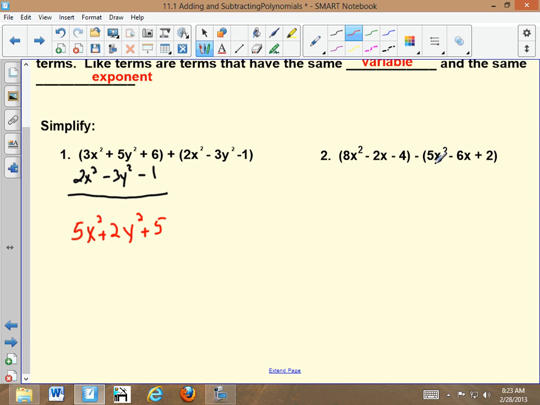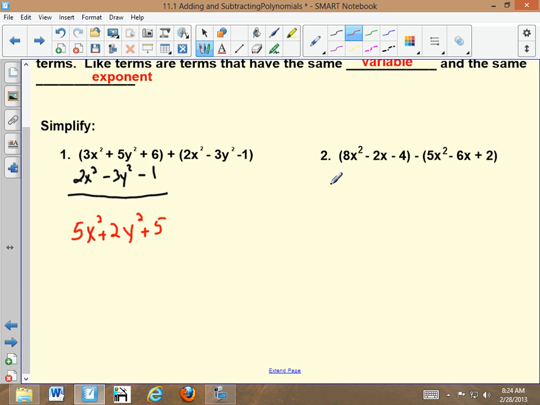A binomial is two terms, just like a bicycle has two wheels. A trinomial has three terms, just like a tricycle has three wheels. A polynomial is actually two or more. So a binomial is a polynomial, a trinomial is a polynomial, and then anything above that is still a polynomial.